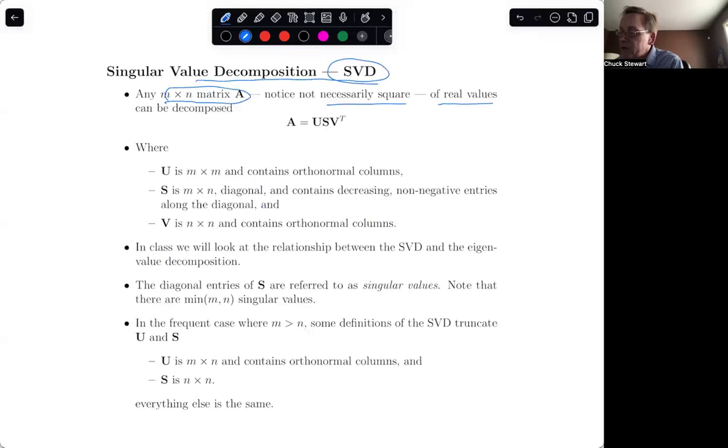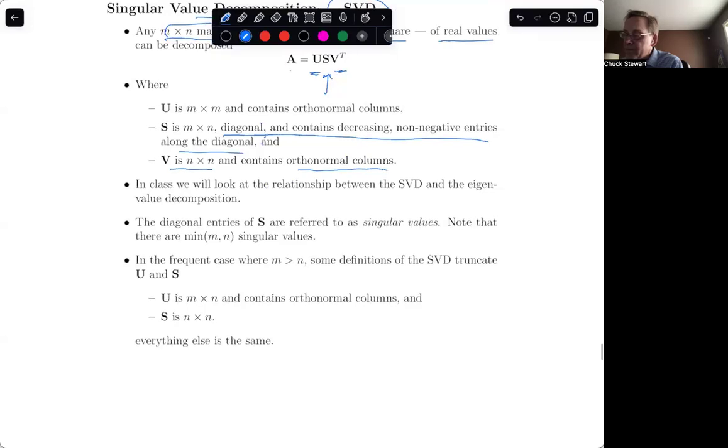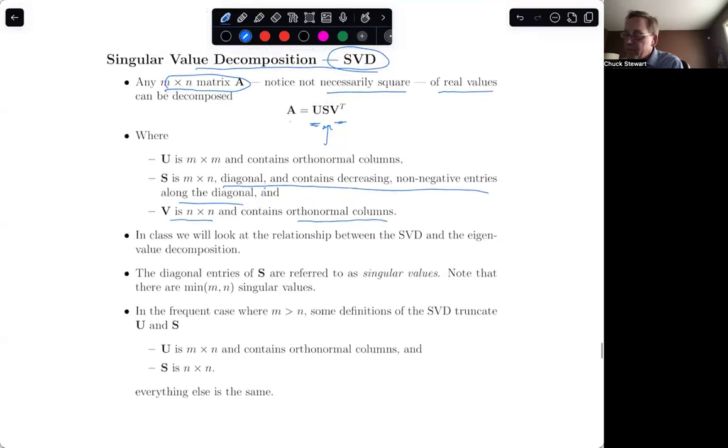It can be written as an orthonormal matrix U, a list of positive entries, and V, which is n times n and also contains orthonormal columns. And this is unique.